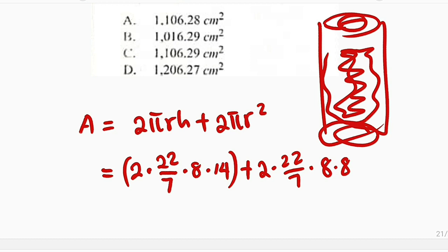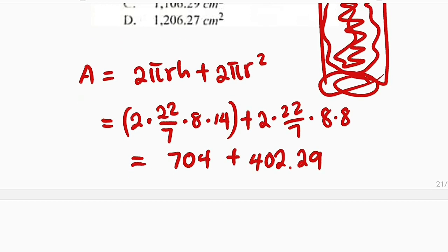So let us simplify. 2 times 22 times 8 times 14 divided by 7. I have 704 here, plus the other side, I have 2 times 22 times 8 times 8 divided by 7, which is 402.29, to two decimal places.